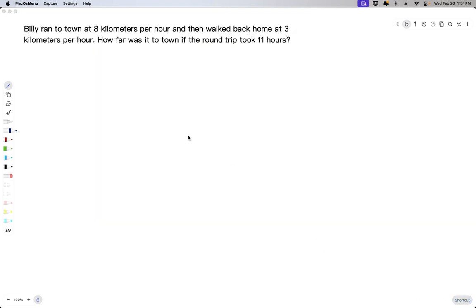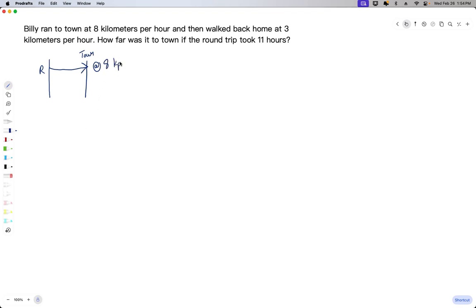Okay, last one. Billy ran to town at 8 kilometers per hour and then walked back home at 3 kilometers per hour. So our picture is this. Billy, he ran to town. Here's town. And he went there at 8 kilometers per hour.